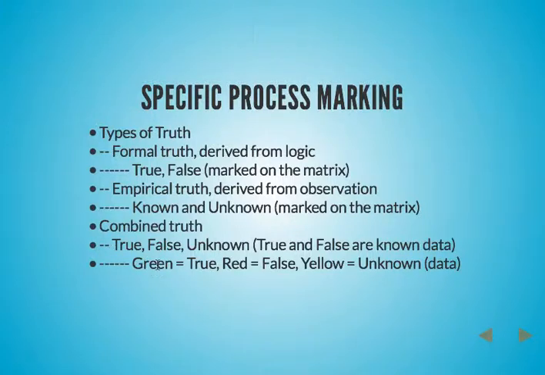We combine these truth values and mark them with different colors: true, false, and unknown. True and false are actually known data, so we don't need a special marking for known data. Green equals true, red equals false, and yellow equals unknown. These are the color markings that we're using on the matrix.